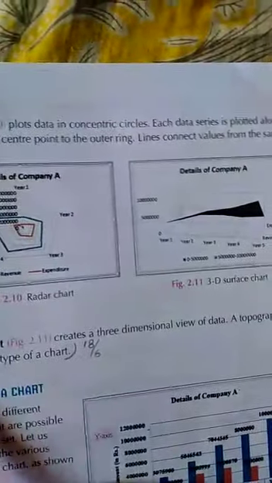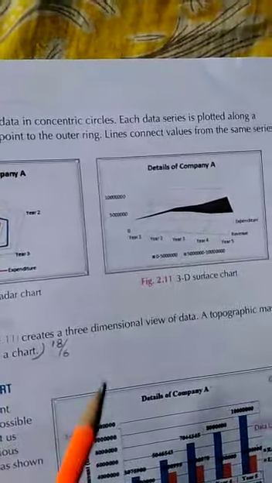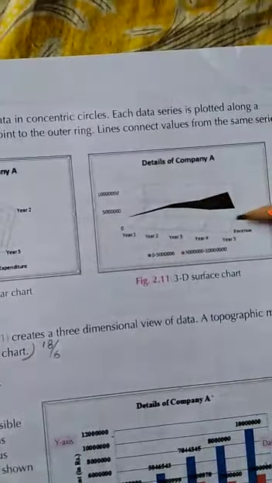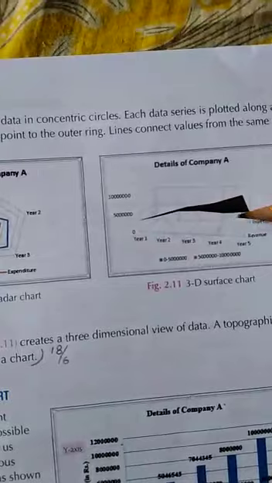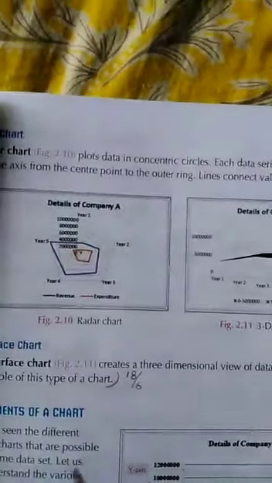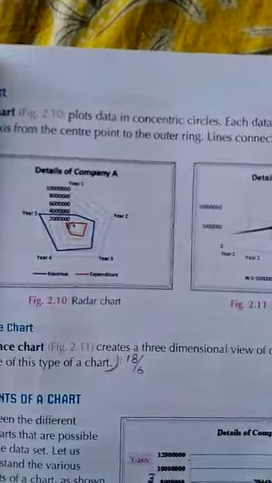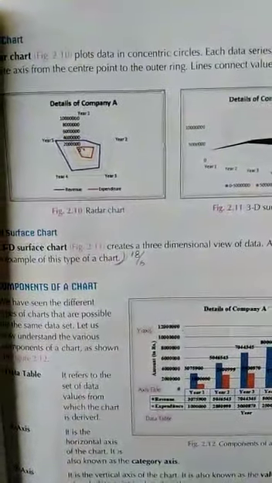Then the 3D surface chart shows you different 3D dimensions, and you can have a look in this picture. So your today's topic is up to here. Read this carefully, and understand it by yourself by doing the practical on the computer.